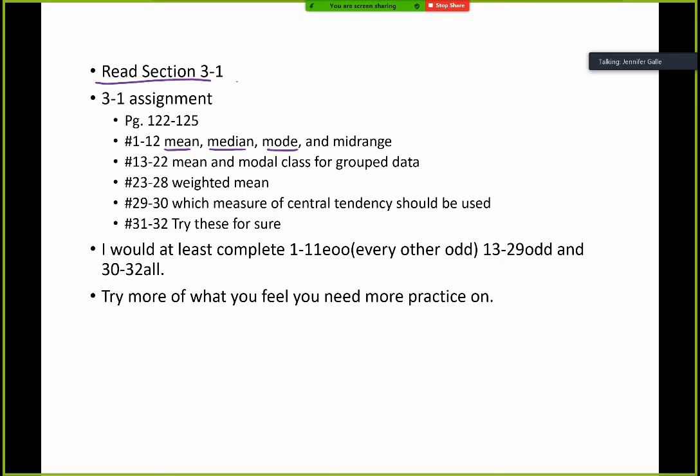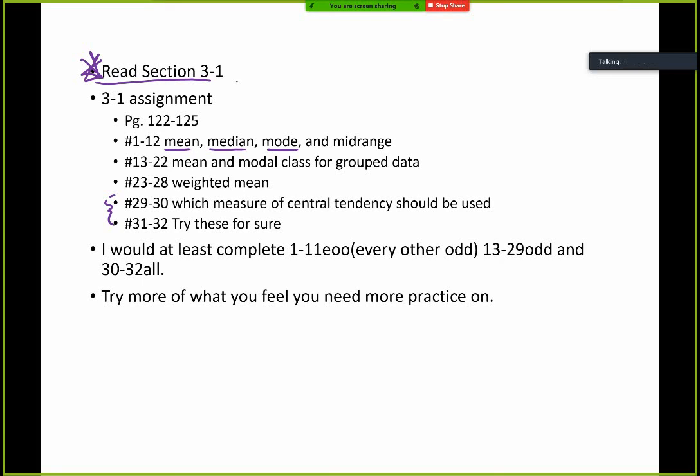And then we have our mean and modal class for group data. That's the first thing we did today. The weighted mean is the last thing we did today. Then, these two types, which type should be used? And the last two that I say to try for sure, again, that's going to link you back to some reading in the section to refresh yourself on those things.